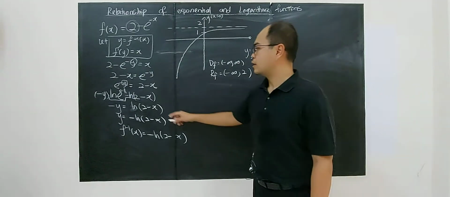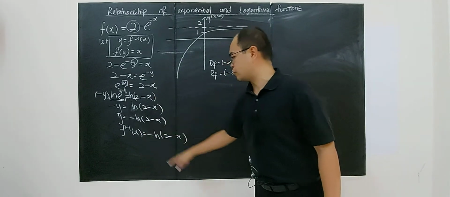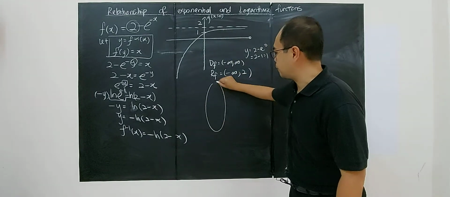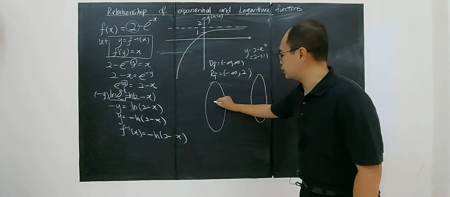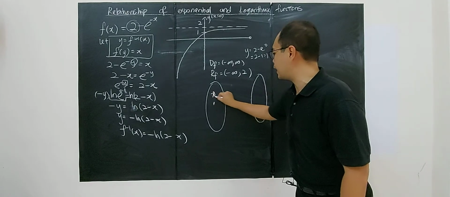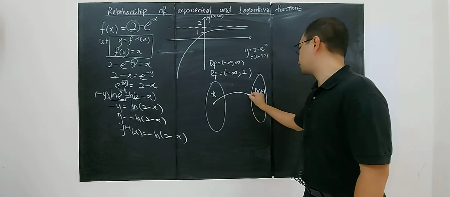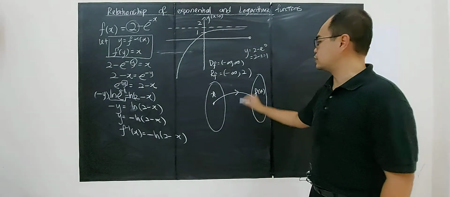Very easy. If you look at the domain for f inverse, consider the concept of mapping here. If you have this one to be f, this one to be x, and this one to be f(x), then as you map from x to f, this is called f.